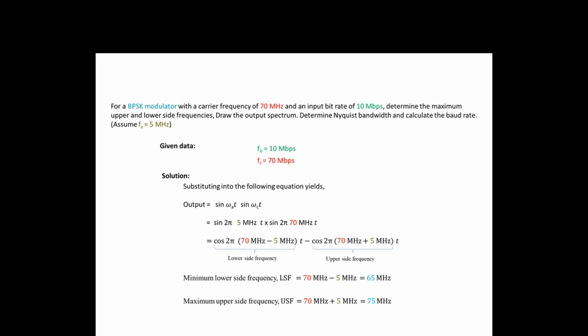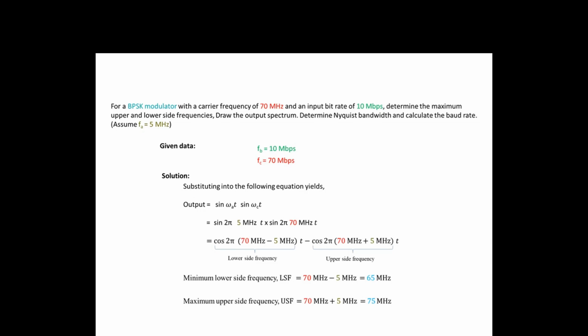Determine the maximum upper and lower side frequencies and draw the output spectrum, determine the Nyquist bandwidth and calculate the baud rate. Assume fa equal to 5 MHz.